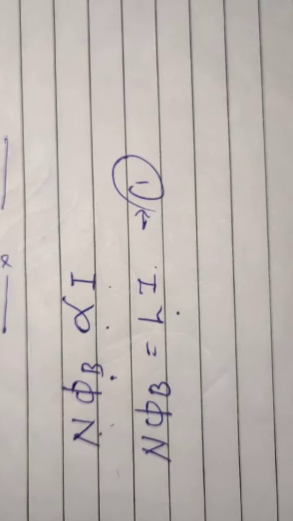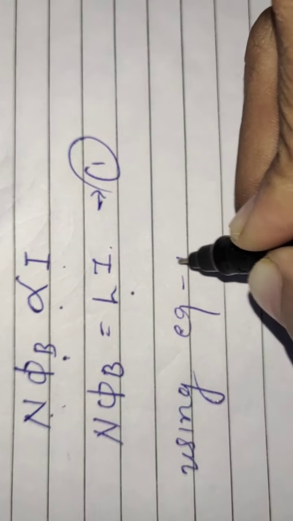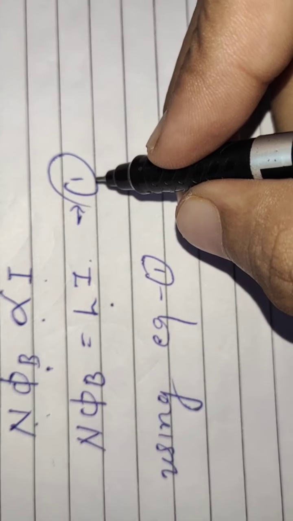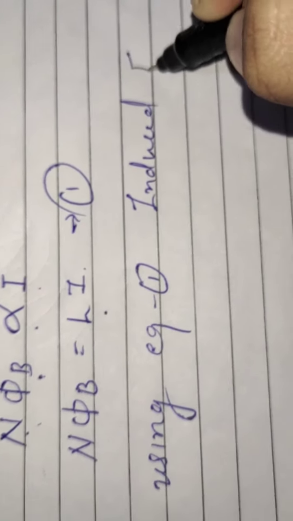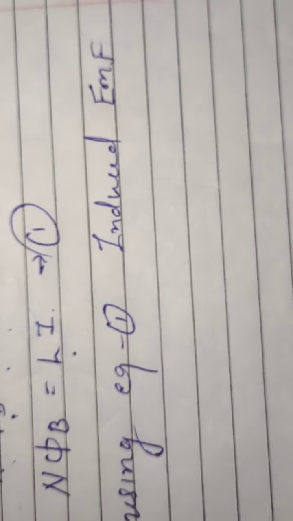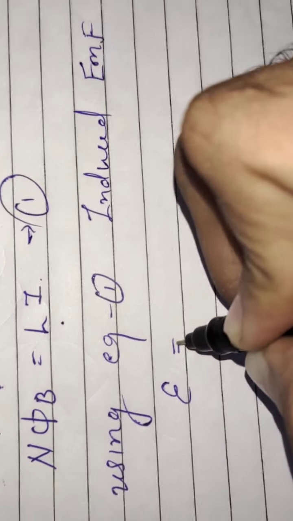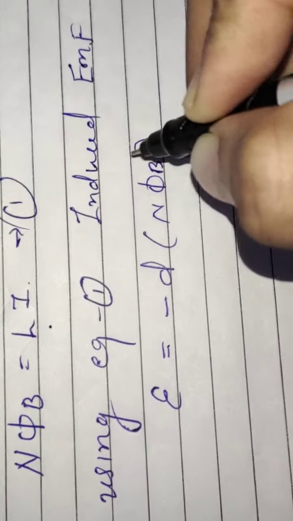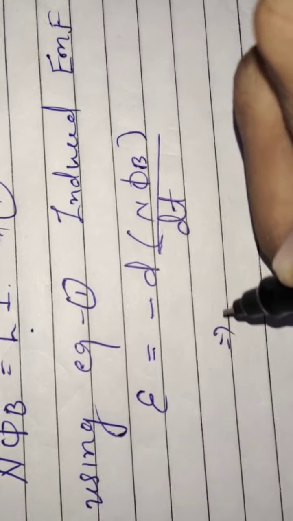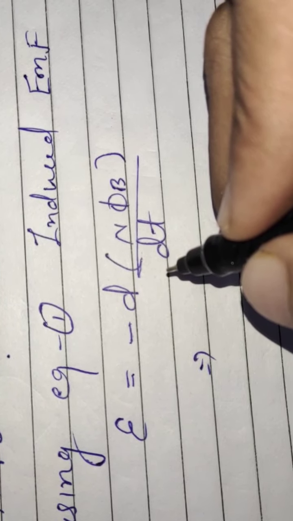The induced EMF using equation 1 is given by EMF is equal to minus d N phi B upon dt.